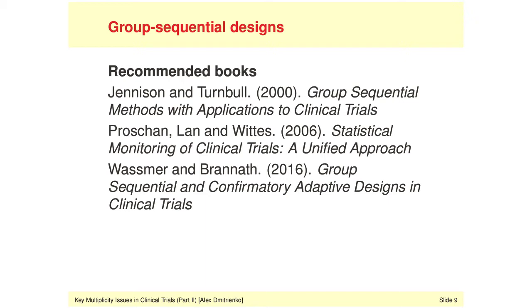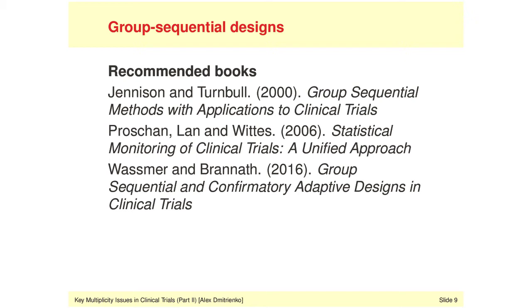And if you would like to learn more about group sequential trials or about general adaptive approaches to designing clinical trials, I would recommend the following 3 books. The first book, Group Sequential Methods with Applications to Clinical Trials, is probably the most popular textbook on group sequential trials.